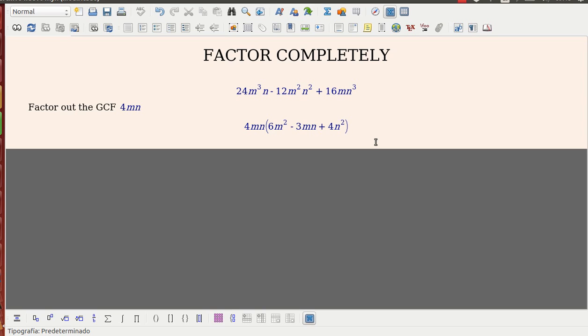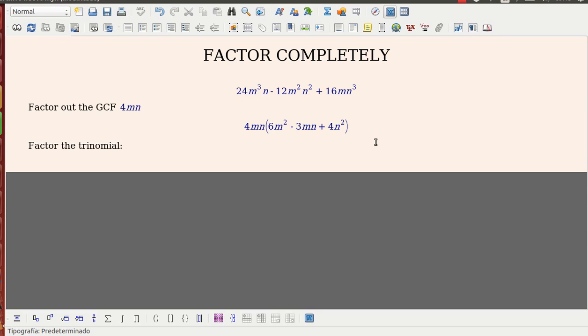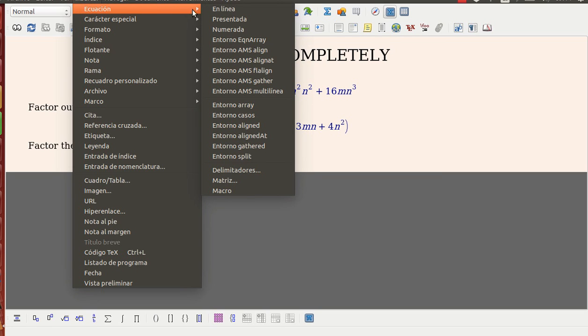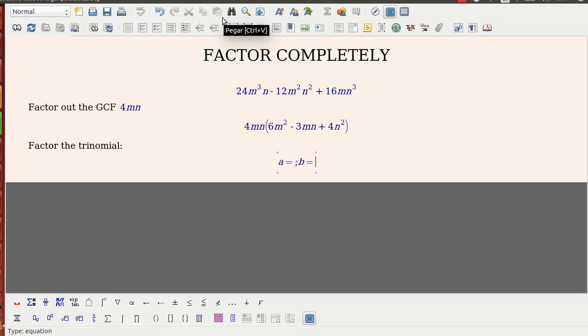So let's factor the trinomial. To factor the trinomial, you gotta know which factor represents A, which factor represents B, and which factor represents C. This is a trinomial of the form ax squared plus bx plus c.